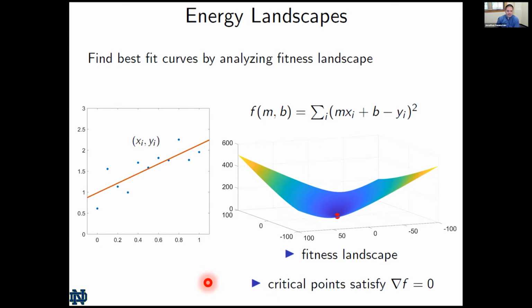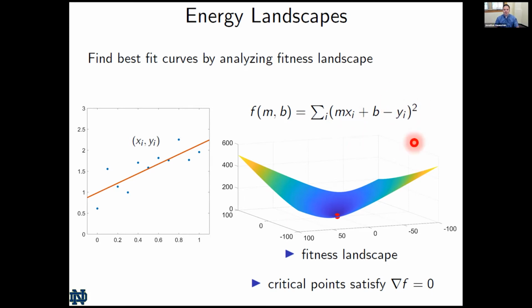So you're given some data, and the first best fit curve is a best fit line. You want to find the best fit line to that data. A line has a slope and an intercept. So you have your line mx plus b, and you want that as close to yi as possible.